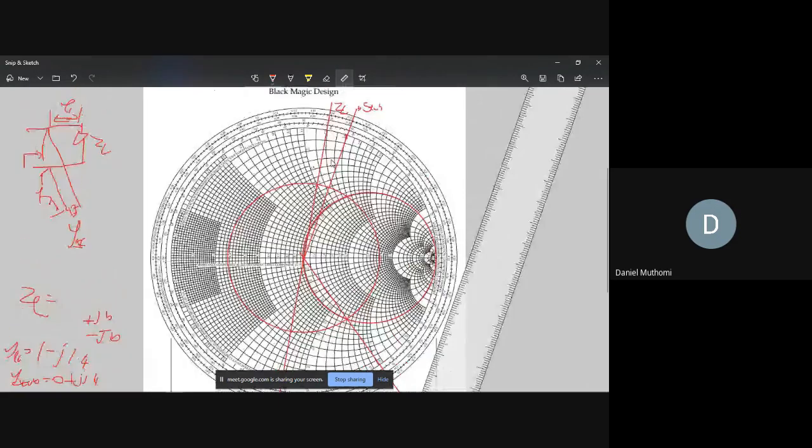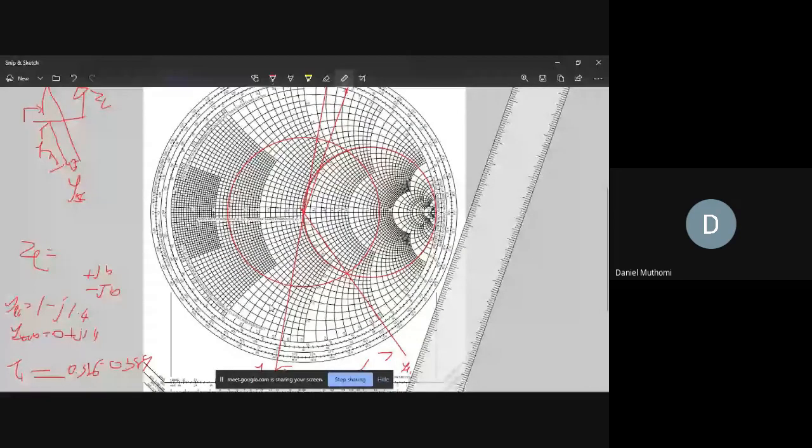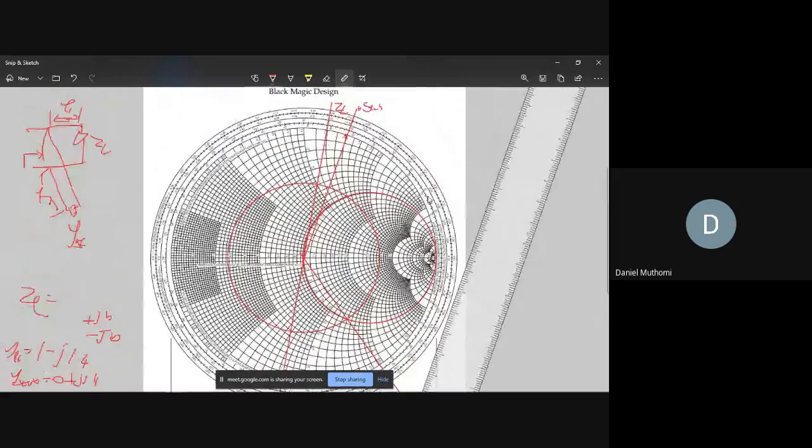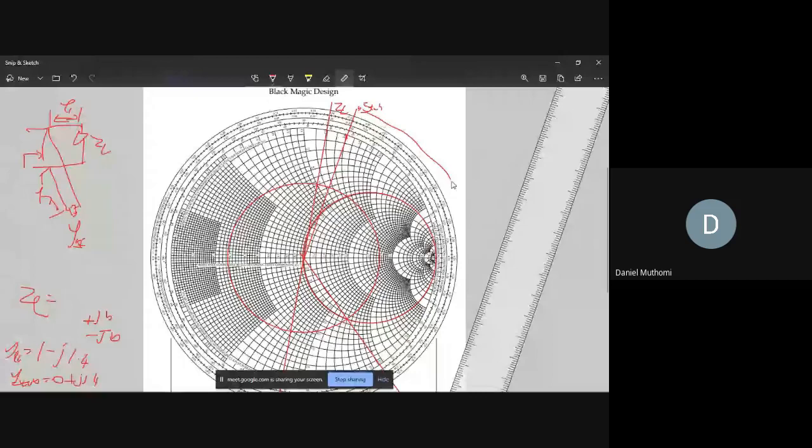So we are looking for this distance here between where this was our load, where the stub will start, and here is where the stub will be. We just look for the distance between here and that part.